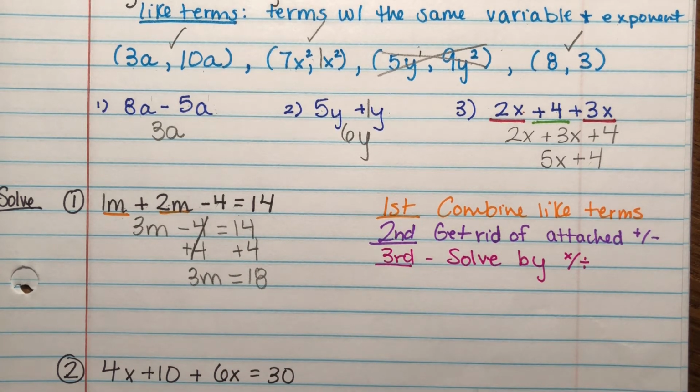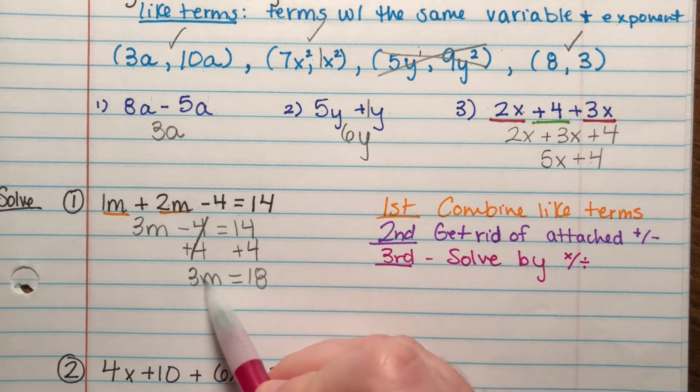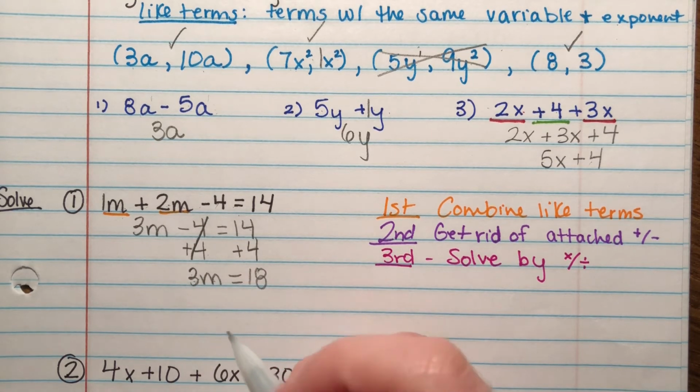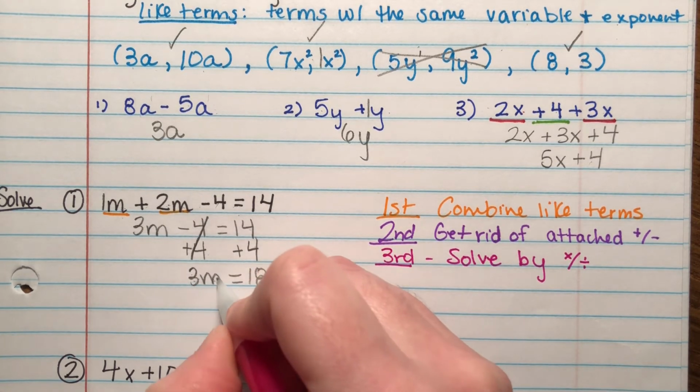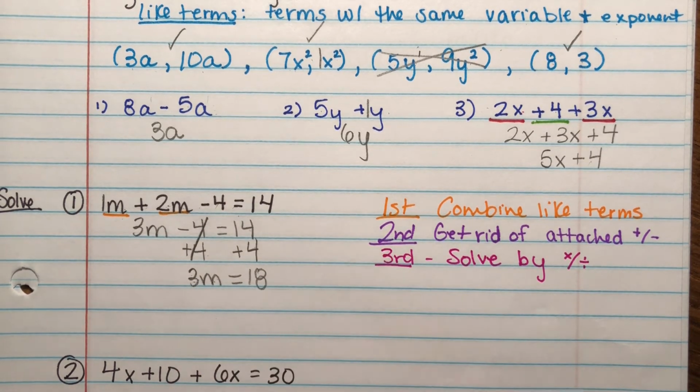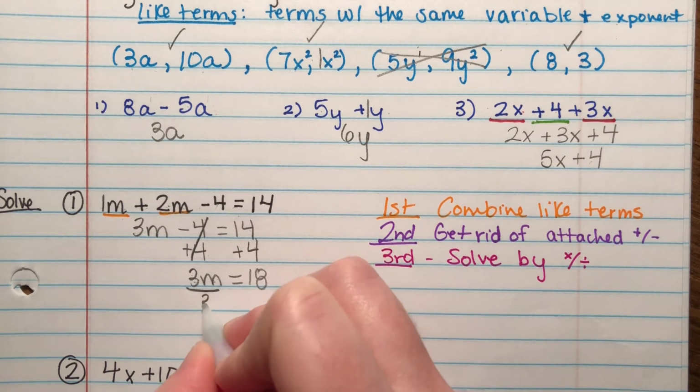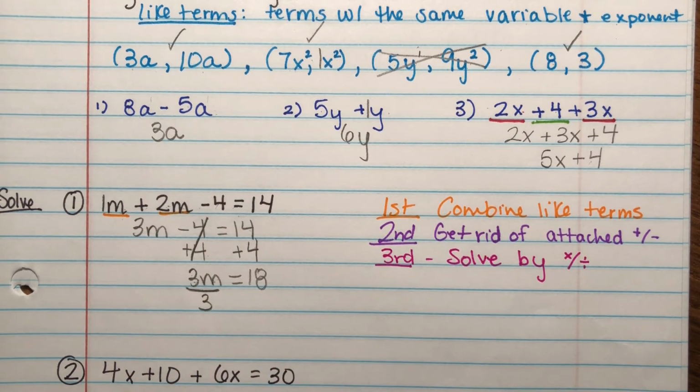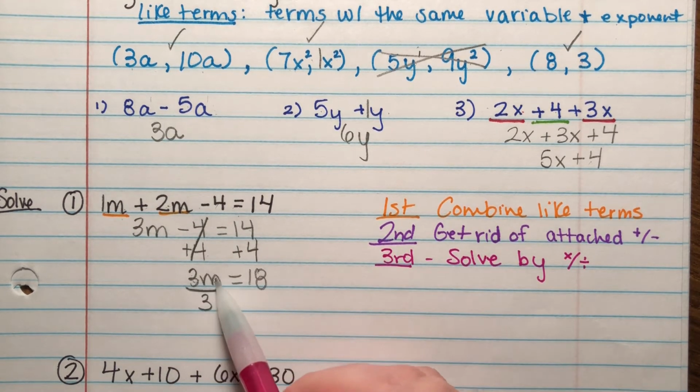Now, I'm going to solve by multiplication or division. So first I need to check, what is this operation here, 3m? Well, that must be being multiplied. 3 times m gives me 3m. So what's the opposite of multiplication? Division. And I'm going to be dividing by 3 because that's the number connected to the variable here.